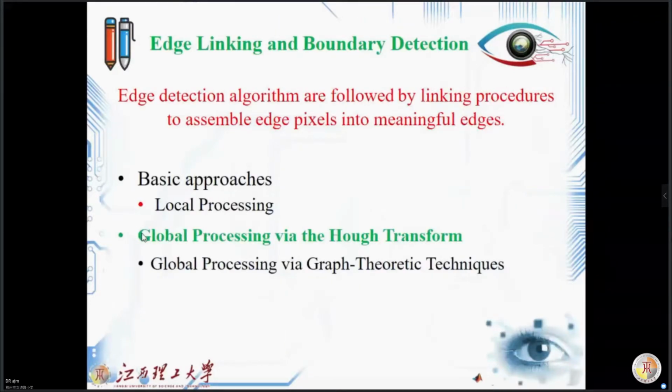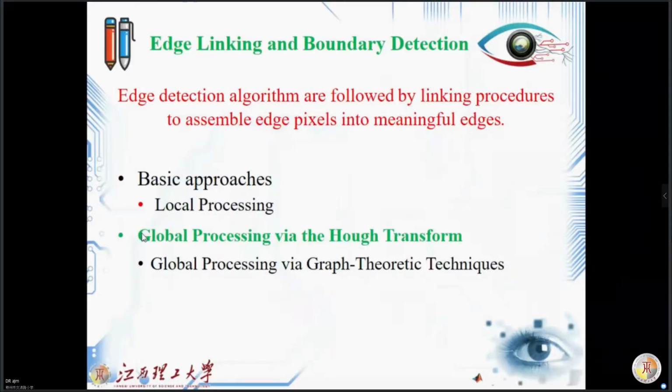With this information that we just reviewed, we can think about edge linking and boundary detection. The edge detection algorithm can be followed by a linking procedure to assemble edge pixels into meaningful edges.